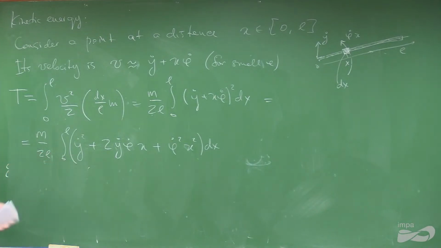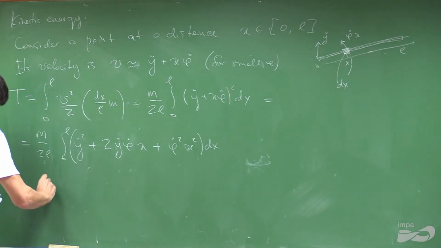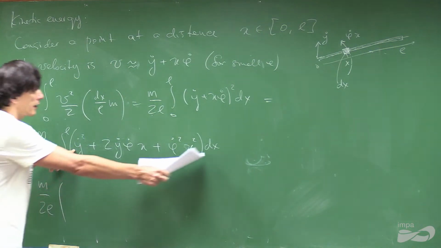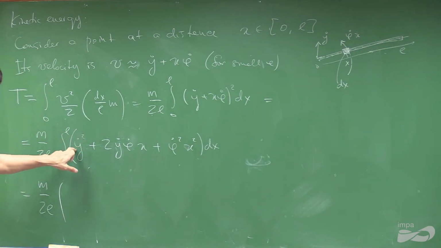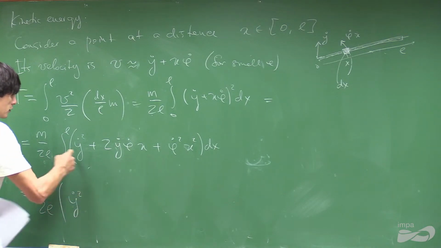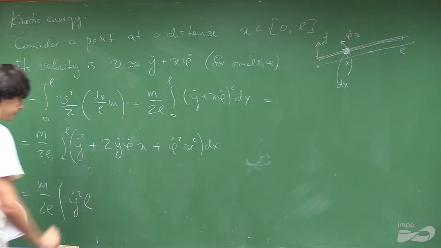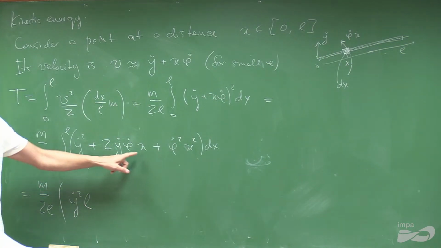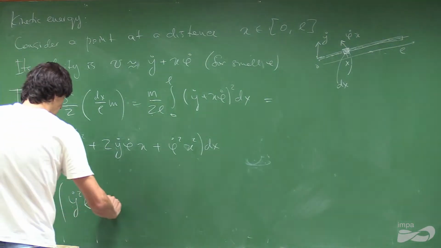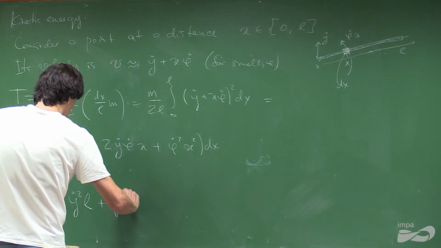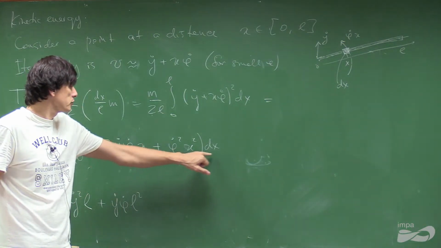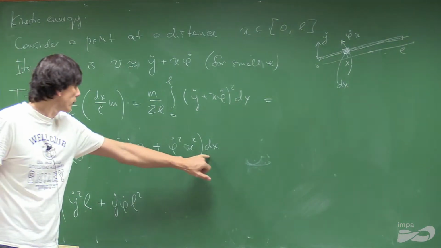The integral of y dot squared dx: y dot squared is a coefficient, and the integral of dx is L. Then integrating x dx gives you x squared over 2, so here you get L squared. And here it will be the integral of x squared dx, which gives you L cubed over 3.